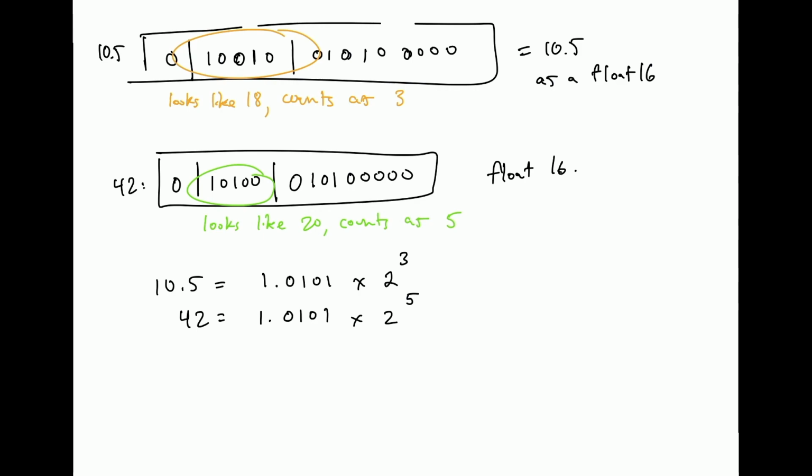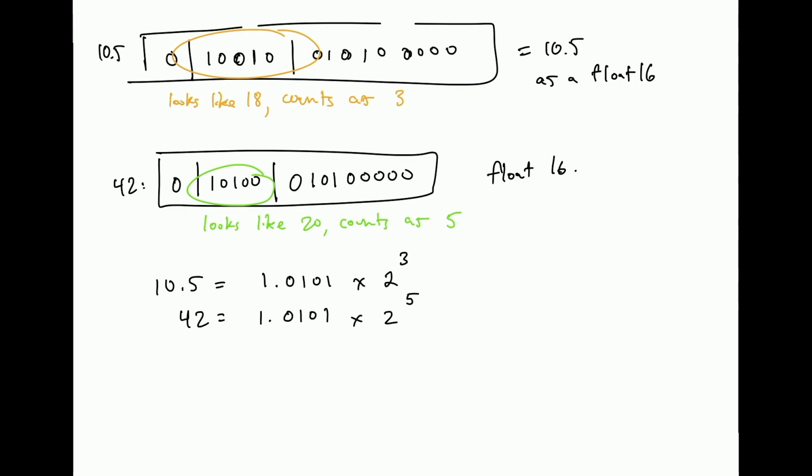So I will take the smaller number, the one that has the smaller exponent, and I'm going to deliberately denormalize it by futzing with its exponent. In this particular example, we won't lose any precision, everything will be fine, but we could theoretically because of what I'm about to do.